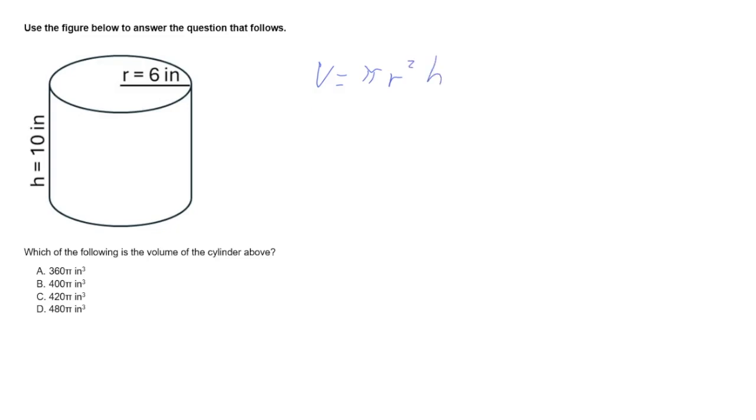So now let's fill in what we know. Pi, and we're given the radius here of 6 inches. So we'll fill that in, 6 inches squared. And we're given a height here of 10 inches times 10 inches.